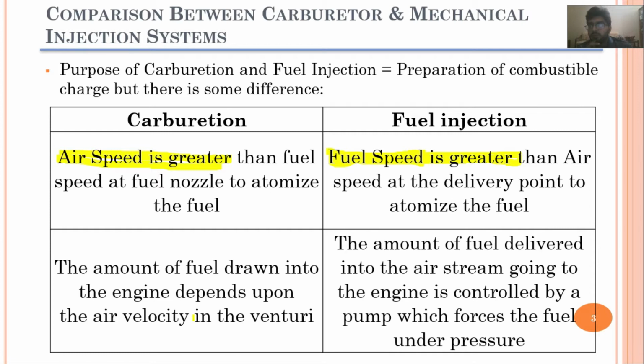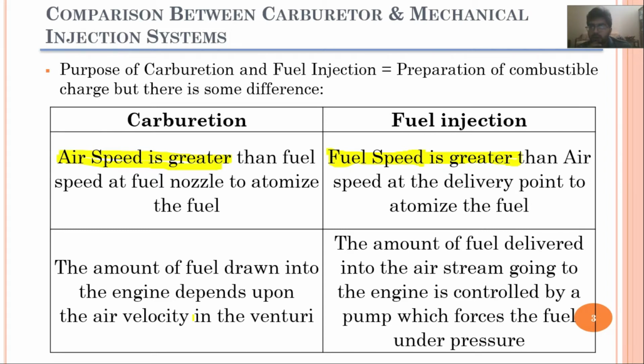So the amount of fuel is basically dependent on how great the air velocity at the venturi throat is. That is how you will control the amount of fuel which is entering into the combustion chamber along with the air.